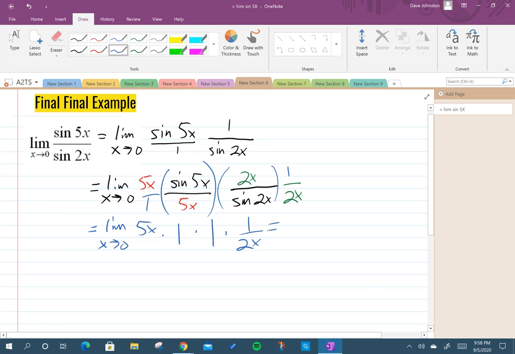So I multiply this out, saying the limit as x approaches 0 of 5x over 2x. Oh, wait a second, I can cancel my x's. And so I'm going to say that that's going to be 5 halves, and when I go to plug in the x of 0, there's no place to plug it, and I got 5 halves.